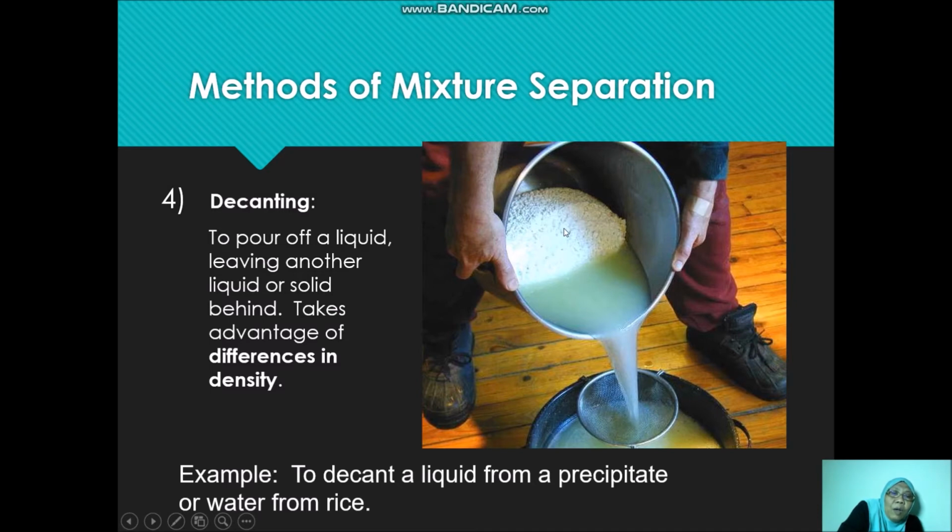The first is solid below and the other is liquid. How to separate? It's very easy by decanting like this. In daily life, it is used to decant a liquid from a precipitate. Precipitate means solid, the same meaning as sediment, or to pour water from rice.